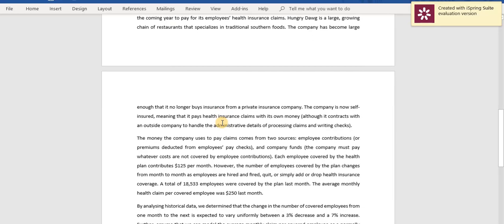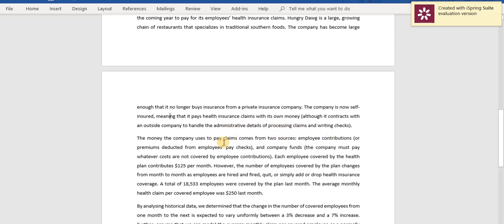The company is now self-insured. The company pays health insurance claims with its own money, although it contracts with an outside company to handle the administrative details of processing and writing checks.